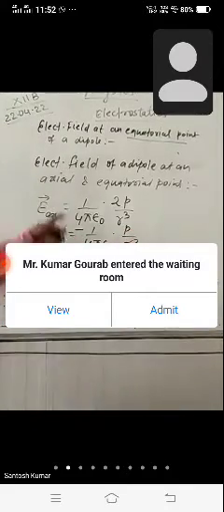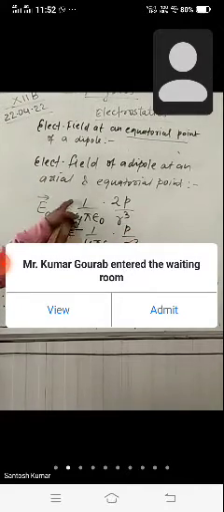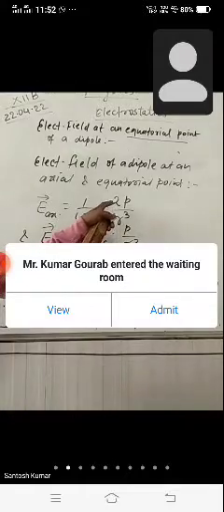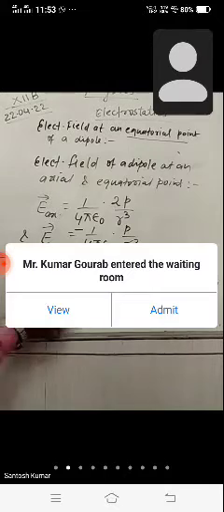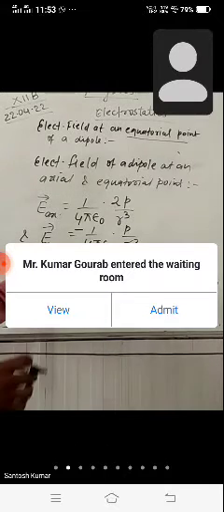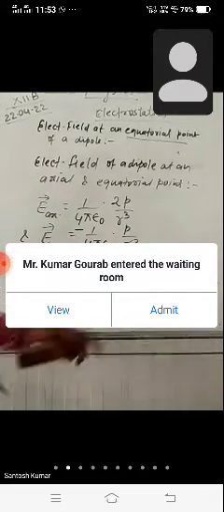So just see the difference: this minus sign, and the only constant term, 2, is present there. So on this basis, you can write E axial is twice of E equatorial.